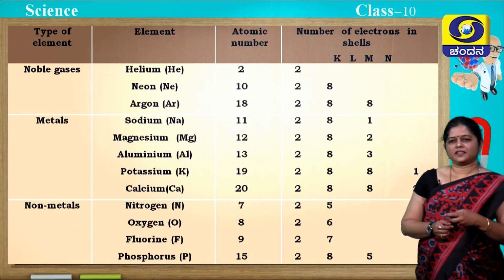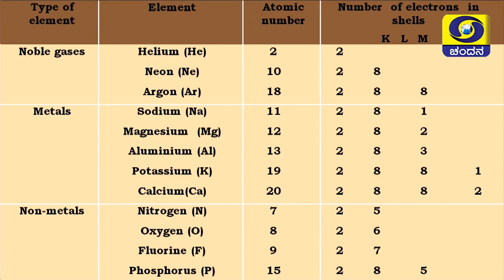Now you can see here the electronic configuration of helium: atomic number 2, electrons 2. Neon is 10, with 2 and 8. Argon is 18, with 2, 8 and 8. Now coming to the metals, sodium is 11, 2, 8 and 1; magnesium is 12, 2, 8 and 2; aluminium 13, 2, 8 and 3; potassium is 19, 2, 8, 8 and 1; calcium 20, 2, 8, 8 and 2.